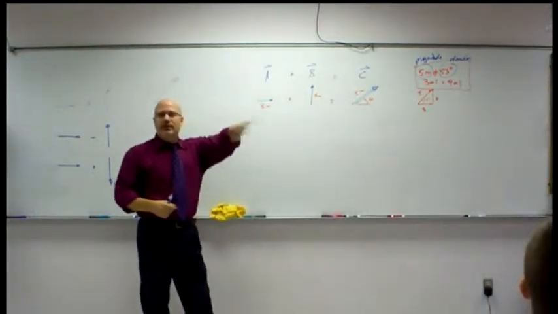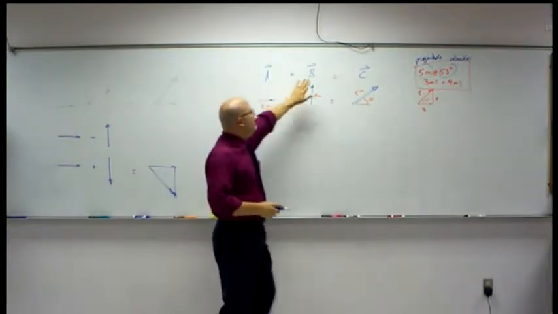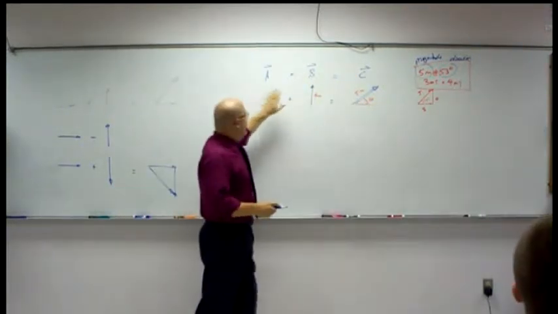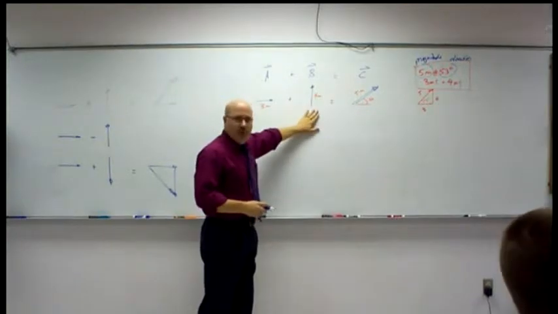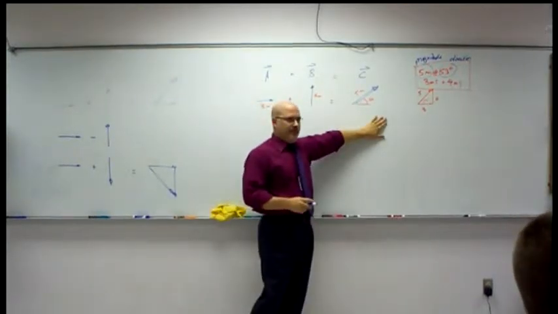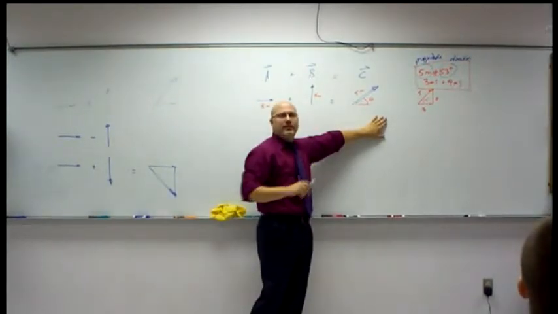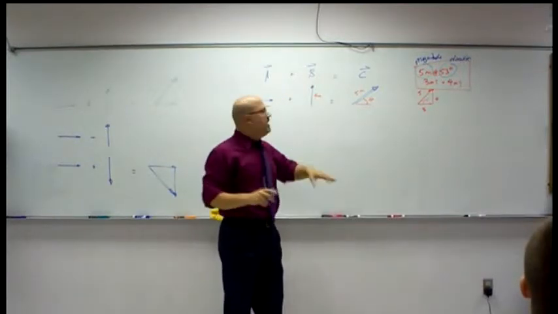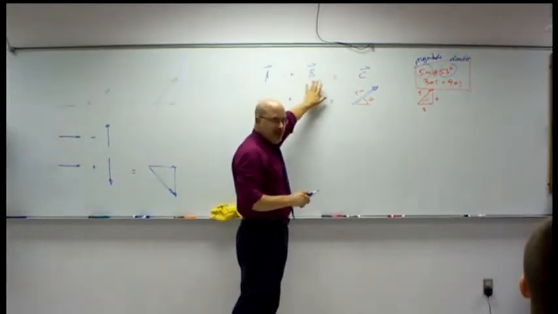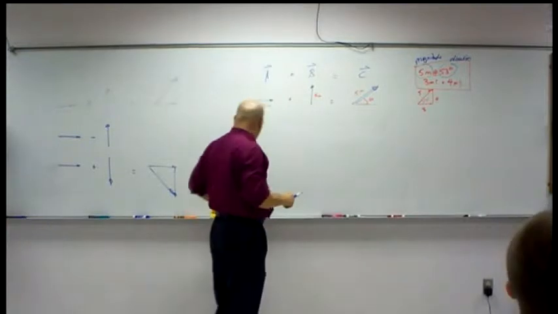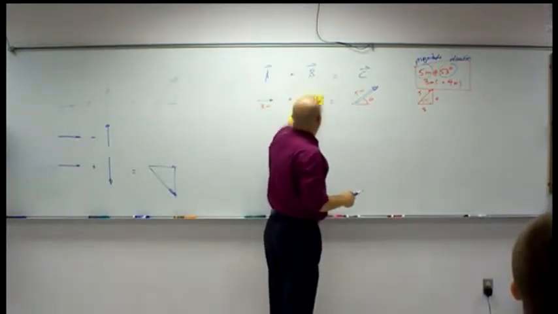Does everybody see this statement right here? A plus B equals C. One component, second component, resultant, right? We can handle this just like algebra. I want to know the second component. So what if it was like this instead?